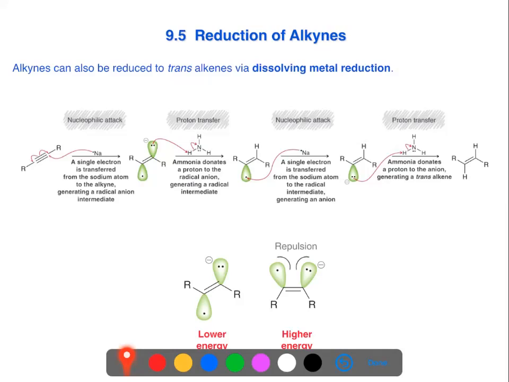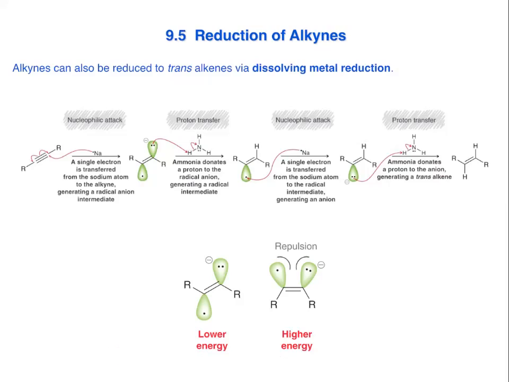And the reason for the trans stereoisomer being predominant, or the only isomer that is formed, has to do with the relative energy of that radical anion species. So shown in the figure below, you can see that we have two possibilities.